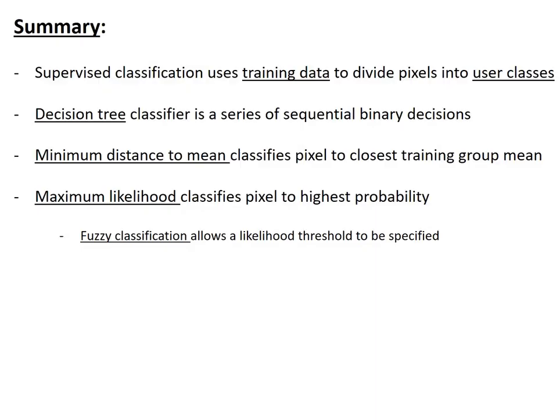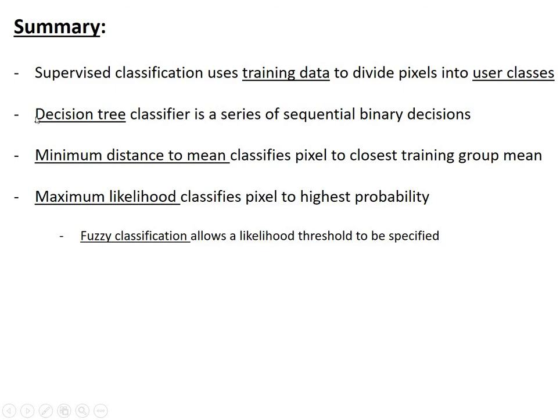So in summary, supervised classification uses training data to divide pixels into user classes. These are functional classes like sand, urban, water, things that you might have on a map. The decision tree classifier is basically a series of sequential binary decisions.